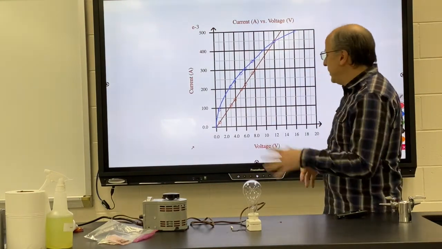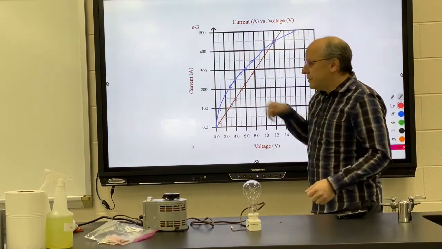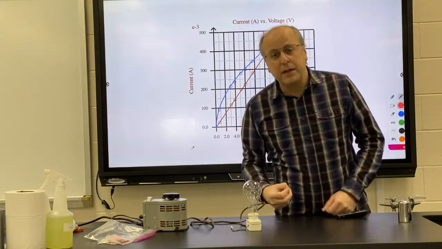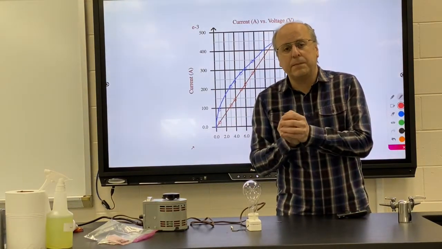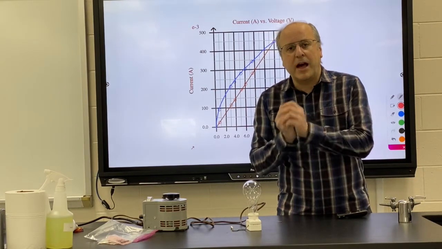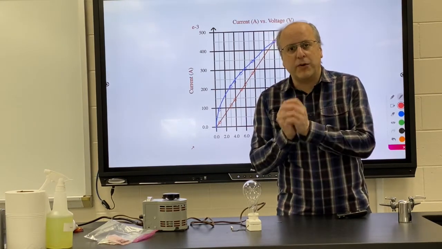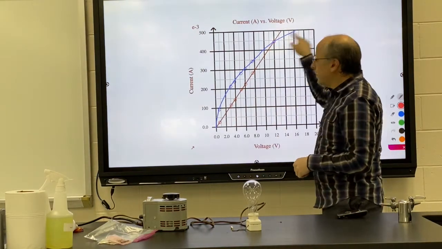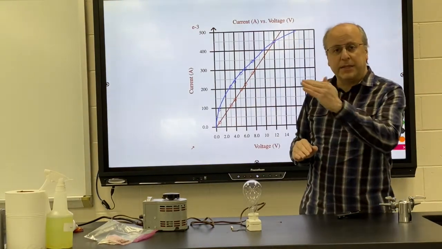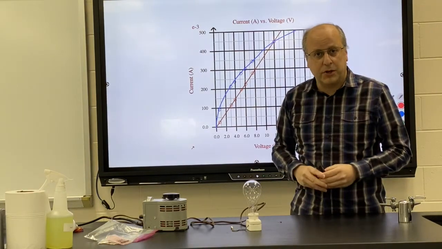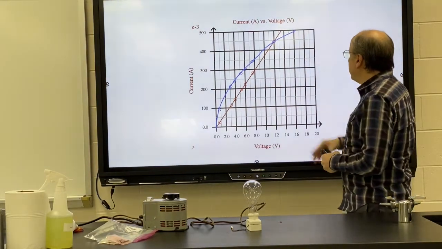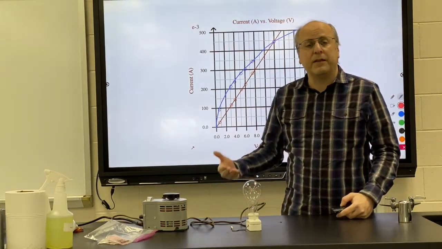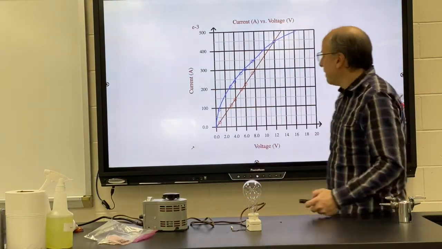In real life, as we just saw, higher voltages gives you higher currents, and higher currents, if they're high enough, can cause the material to heat up, and the higher temperature creates a greater resistance. A greater resistance is going to give you a smaller slope, so you can see how the slope of this thing gets less and less as time goes on. A higher resistance gives you less slope because that means you're going to be able to get less current for a given change in voltage.